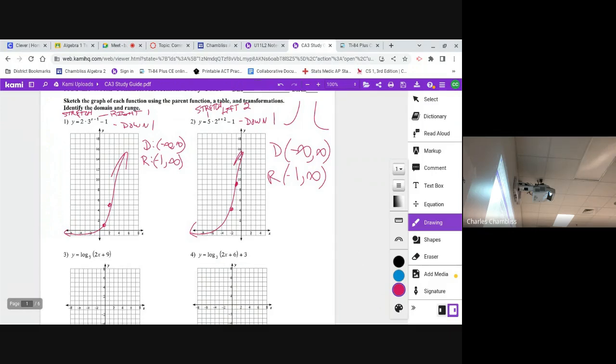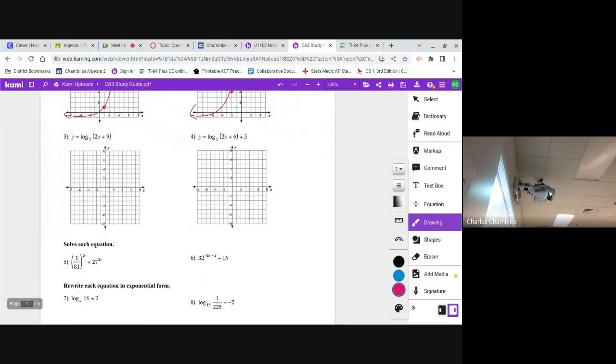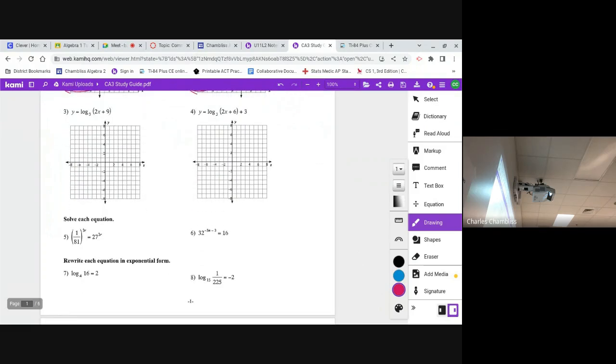3 and 4 are logarithmic functions rather than exponential. Okay. Here, that 2x plus 9, you set that equal to 0 to find the starting point for your domain. So I'm going to get -9 halves.